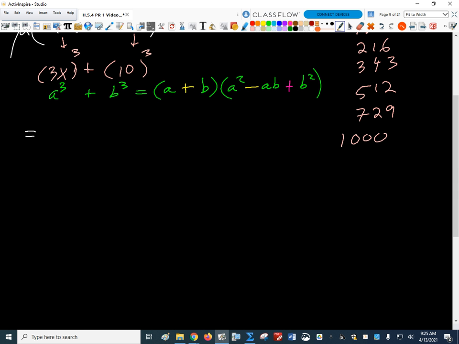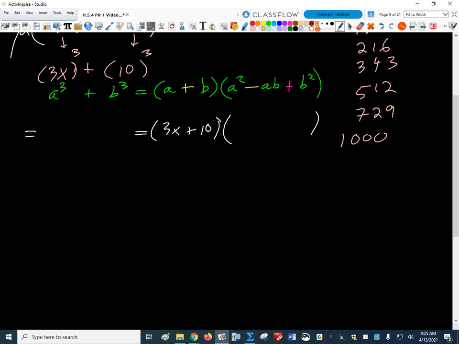All right, so what's that give us then? Instead of an a, we've got a 3x. Instead of a b, we've got a 10, right? Instead of an a squared, this is a tricky one. You got to think about this. Instead of an a squared, what do we get?